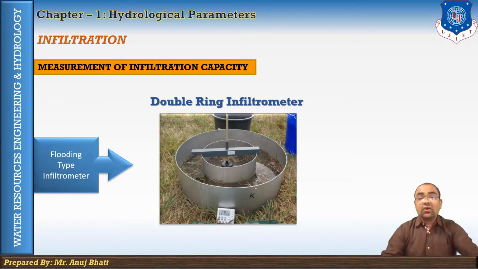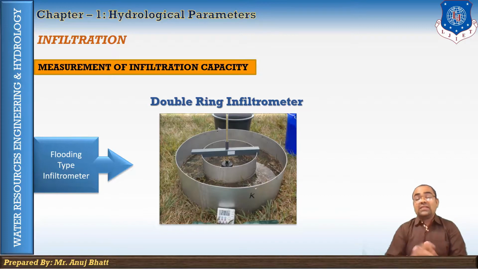The inner ring is usually 22.5 centimeter in diameter, and the outer ring should have a diameter of 35 centimeter. The inner ring is used to determine the infiltration rate, as in the case of a simple infiltrometer.